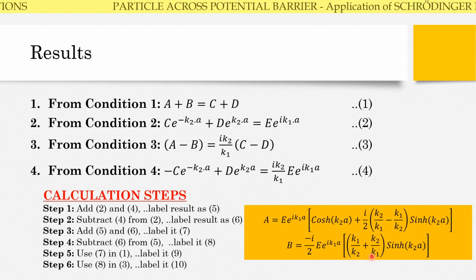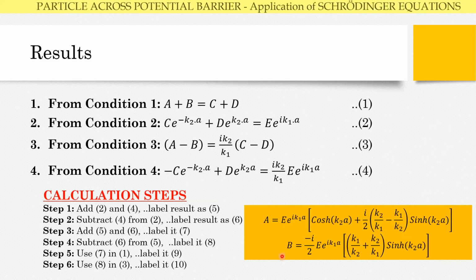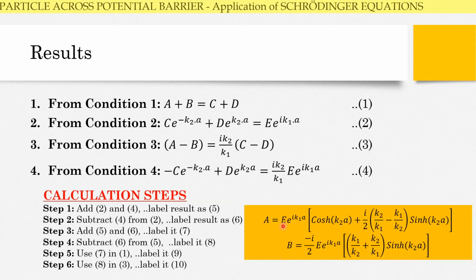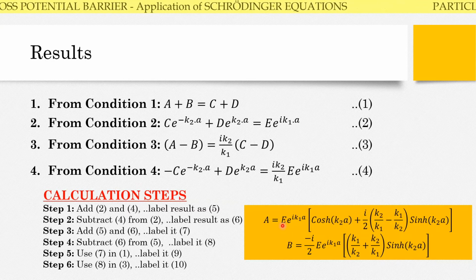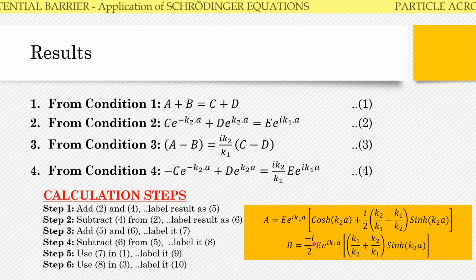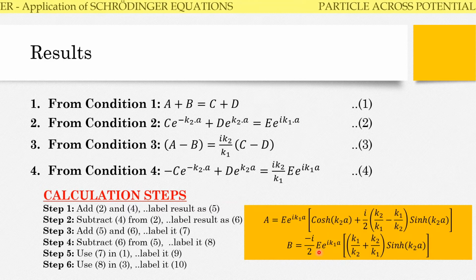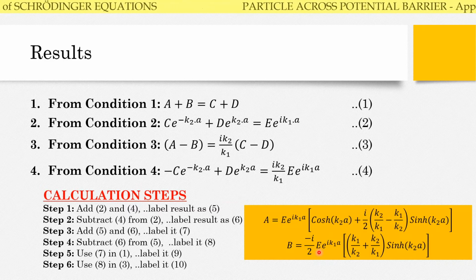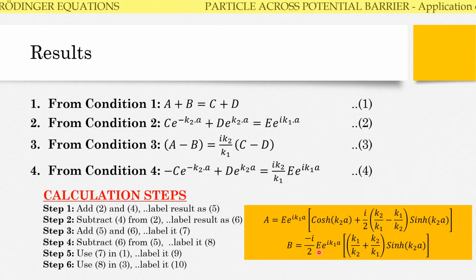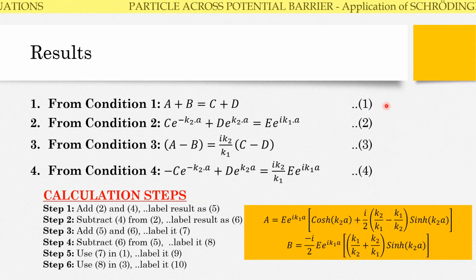Now you can see, students, that these two constants are also evaluated in terms of another constant E. Here E appears and here also in the value of B E appears. So this is the final value of A and B that we can extract from using the four equations.